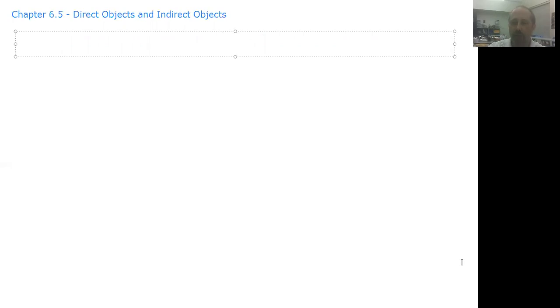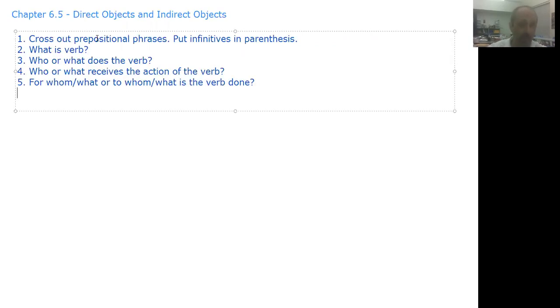We need to remember that the different work that we do in English class, in grammar, it all builds on what has come before. So when you're working on the preposition worksheets and you're crossing out the prepositions, that's really not just for those worksheets. You need to be doing that with other grammar activities as well.